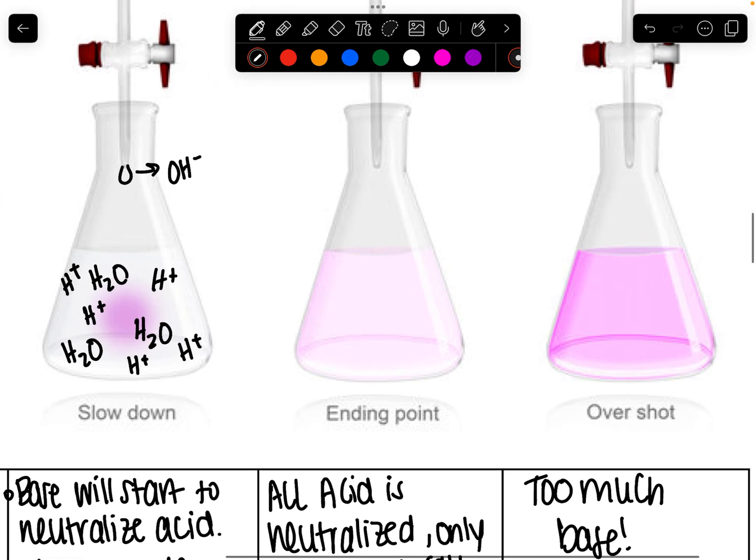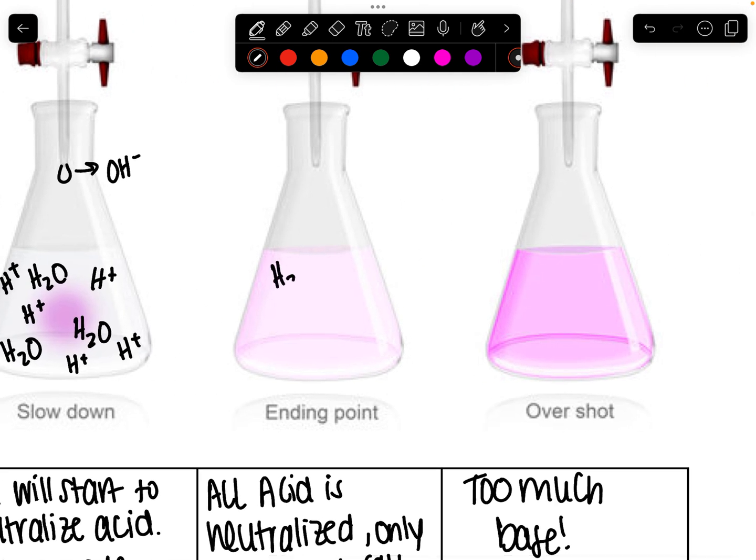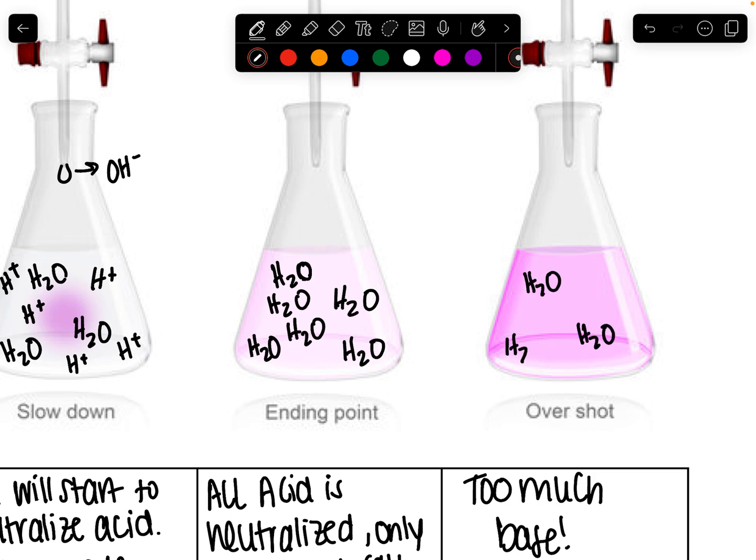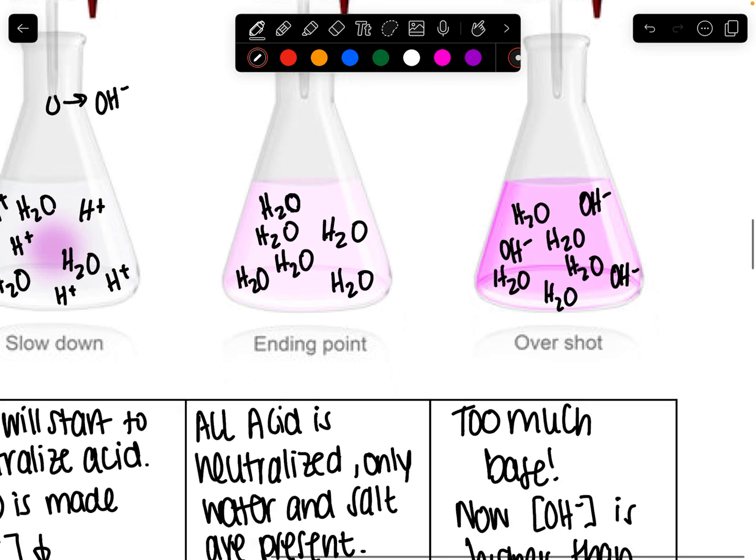Then at the ending point, we'll only have water and we'll have our salt, but the salt doesn't matter for this part, remember? And then if you've overshot, it means you still have all that water in here, but you've started adding extra hydroxide ions in it. That's going to make your solution basic, and it's going to start turning it that pink color.